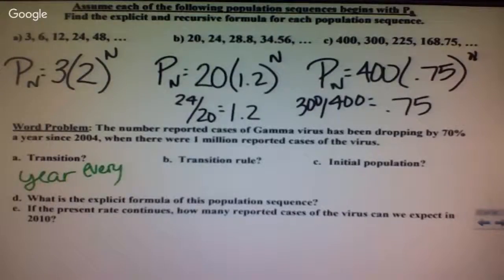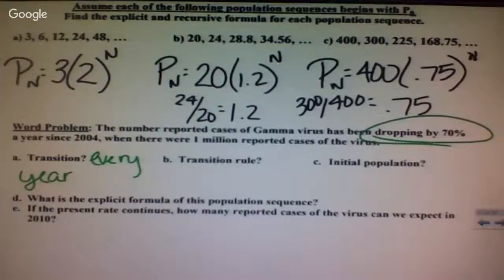So that's every year. Your transition rule: every year we're multiplying by what? 100 minus 70. It says we're dropping, which means I'm decreasing, which means I'm 70 less than 100. So 30%. My transition rule is 0.3.